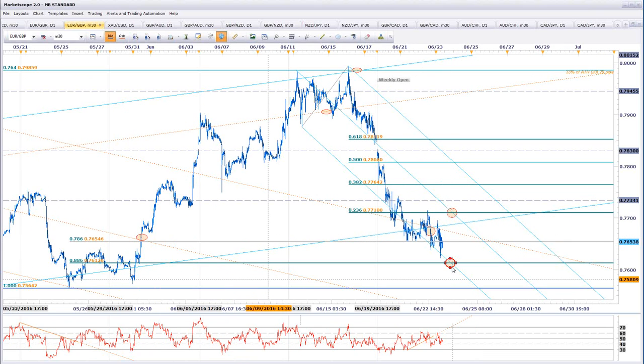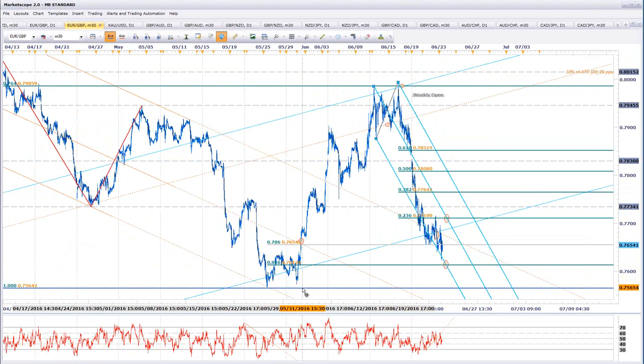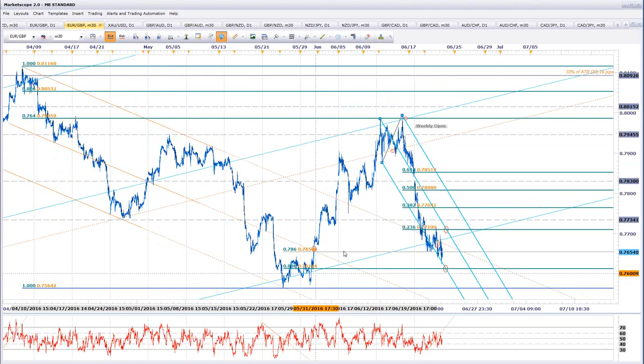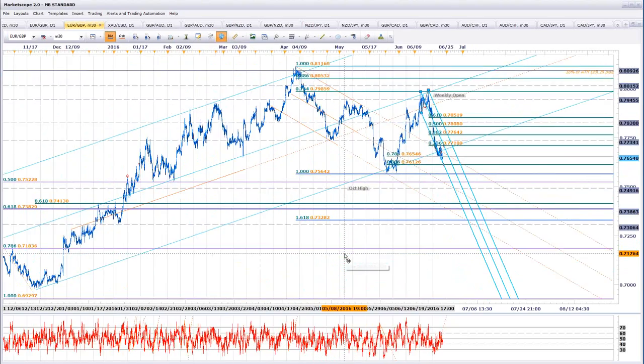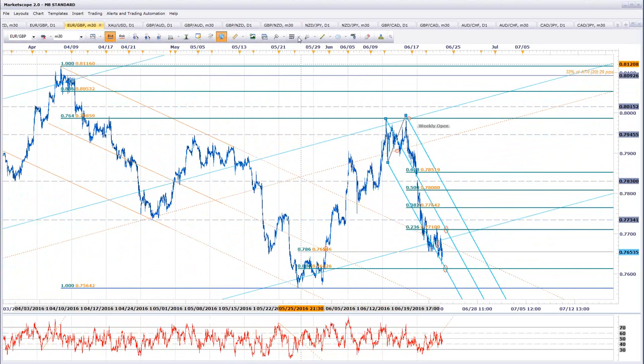Immediate support on the downside stretch. You got an 88.6 here, comes in at 76.12, also along that lower median line parallel. And one more extension I want to look at real quick, just bear with me, is the broader view.